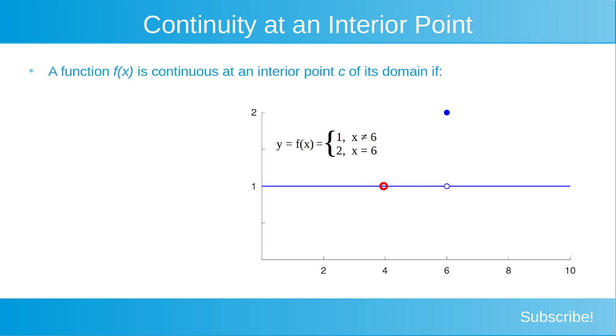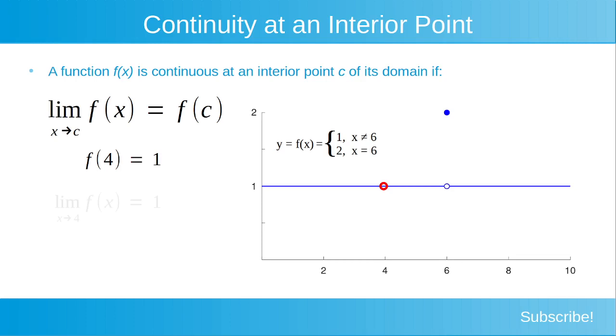A function f of x is continuous at an interior point c of its domain if the limit as x approaches c of the function f of x is equal to the function value at that point, f of c. If we look at our plot, and in particular that point highlighted in red, our function value at x is equal to 4, which we can describe as f of 4, is equal to 1.